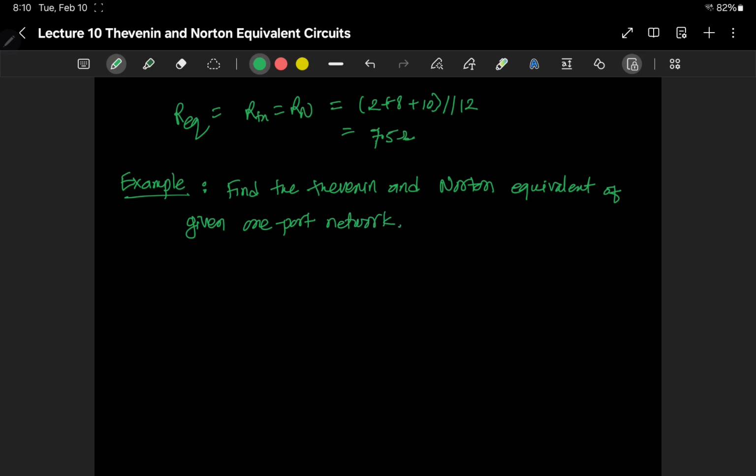A one port network is a network which has two terminals open. Okay, so let me draw this first.